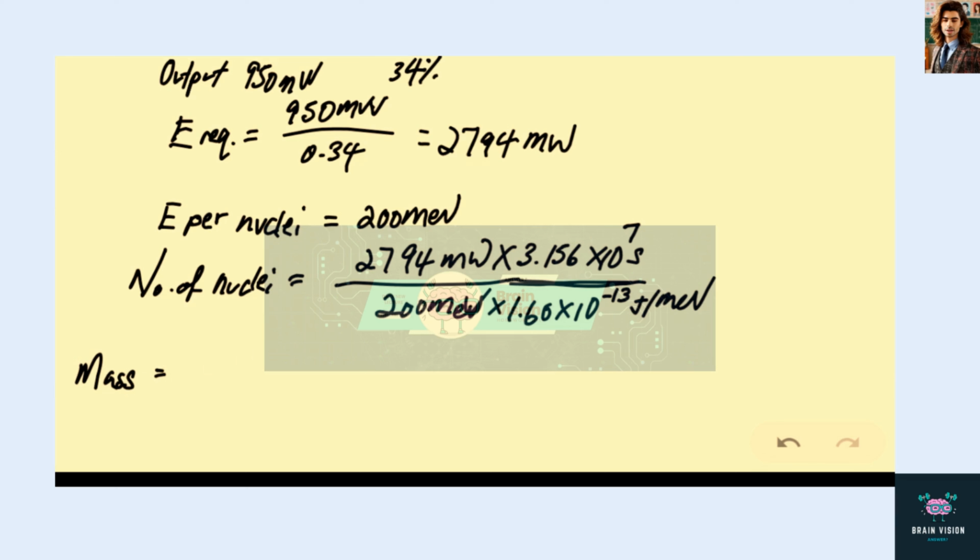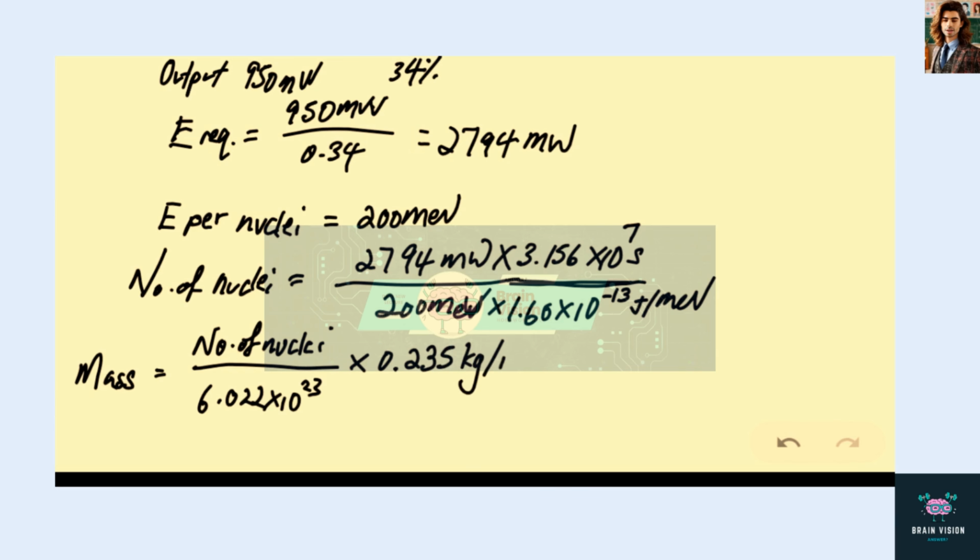The mass of uranium-235 that we have, we just take the number of nuclei and divide that by Avogadro's constant, which will tell us the number of moles of uranium-235. Then we multiply this by the molar mass, which is 0.235 kilograms per mole, right? And for the final answer, we would get 1100 kilograms.